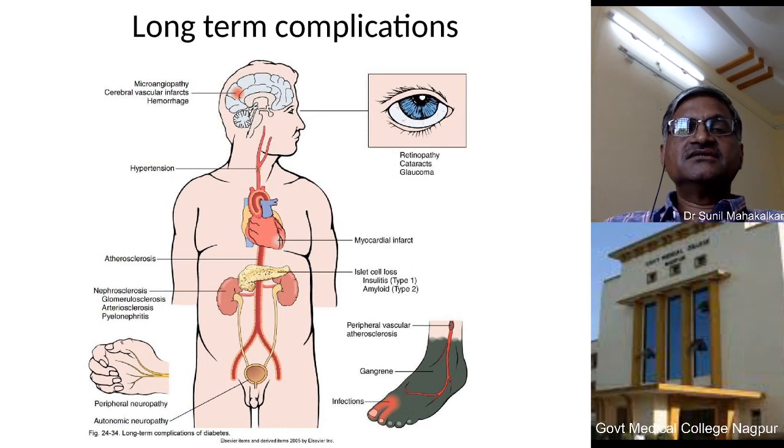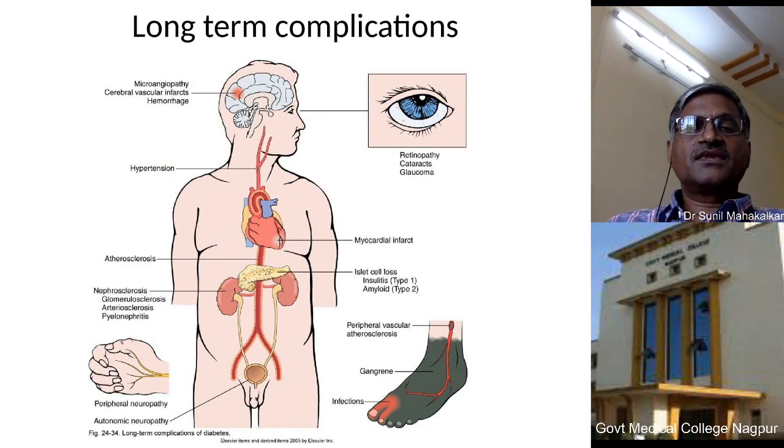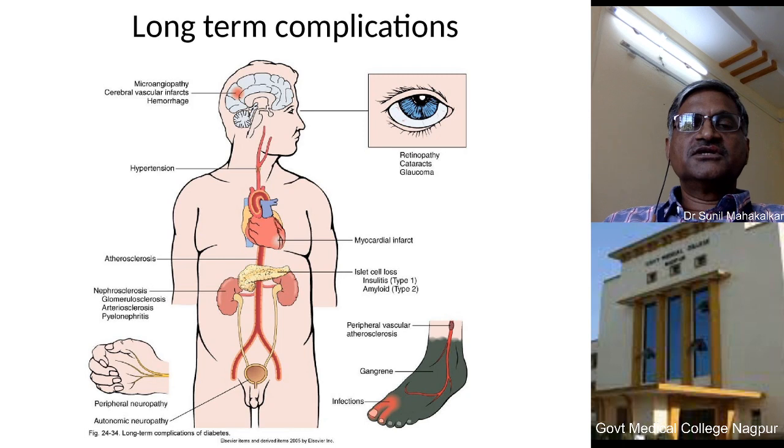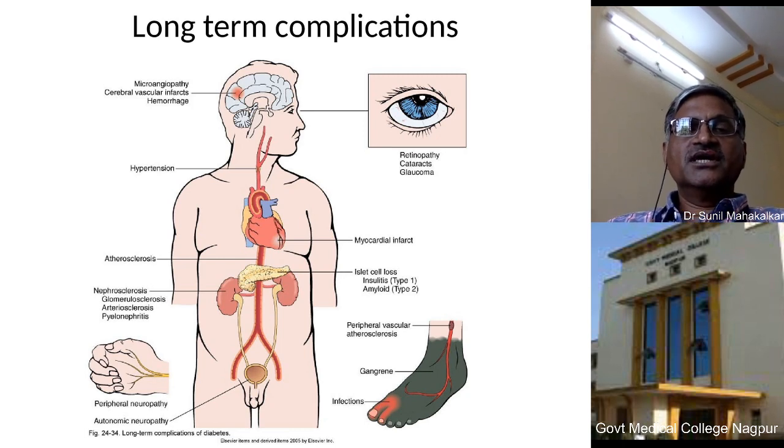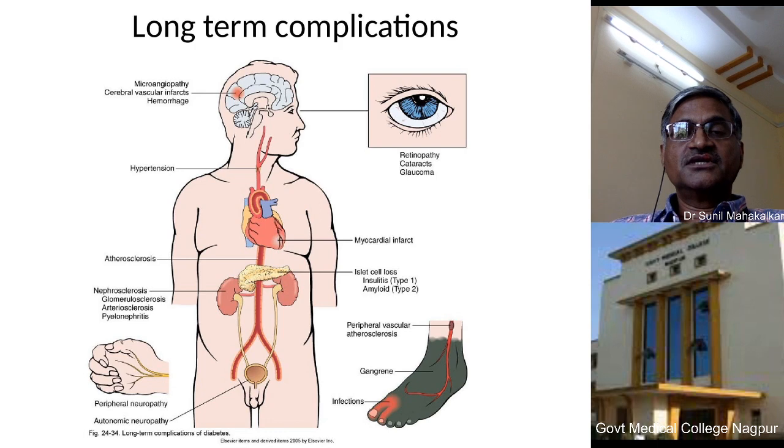So in this figure we can see the microangiopathy. Cerebral vascular infarcts or hemorrhages can occur because of the microaneurysms which are caused in the cerebrovascular tree.